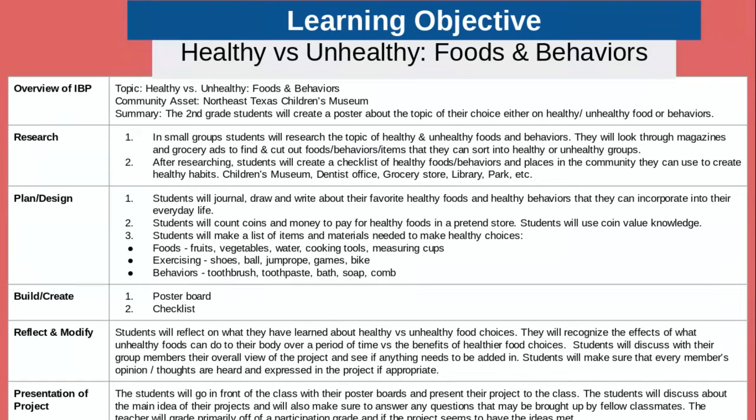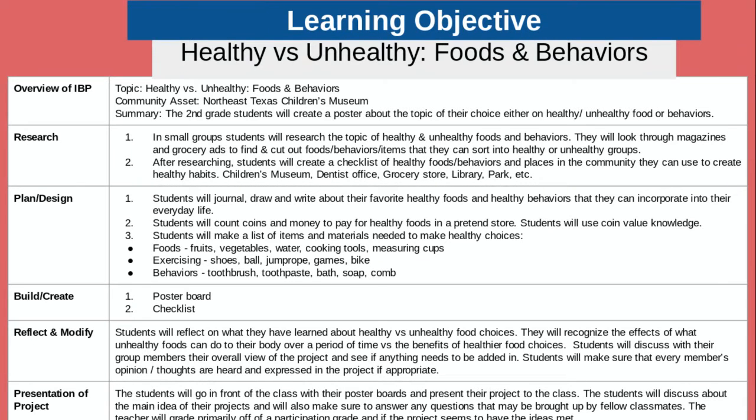They will look through magazines and grocery ads to find and cut out foods, behaviors, and items that can sort into healthy or unhealthy groups. After researching, students will create a checklist of healthy foods and behaviors and places in the community they can use to create healthy habits.